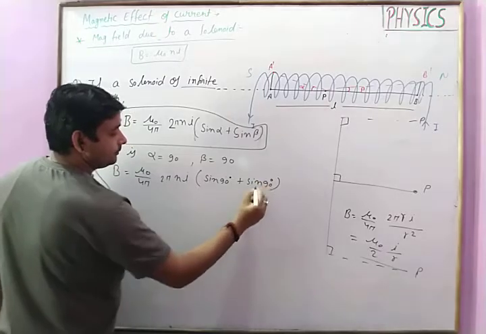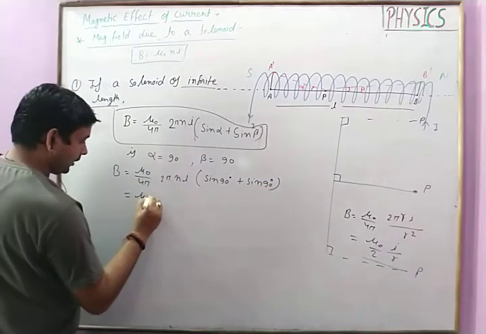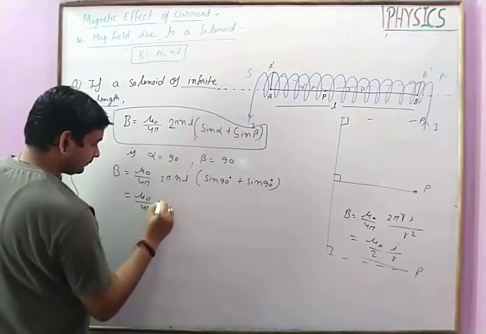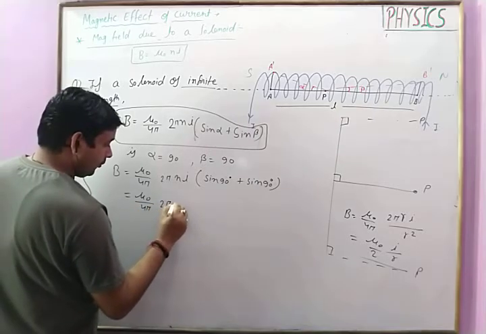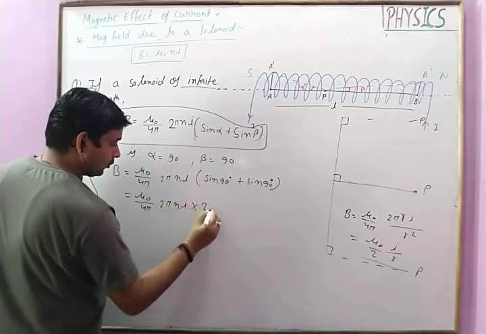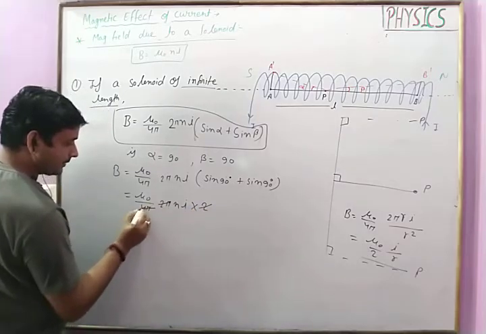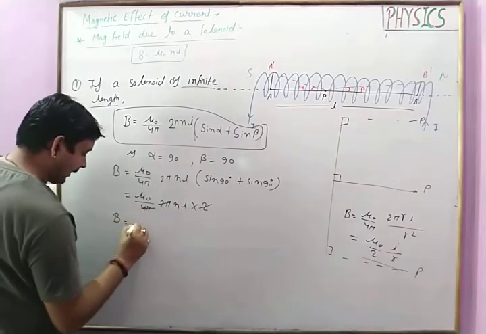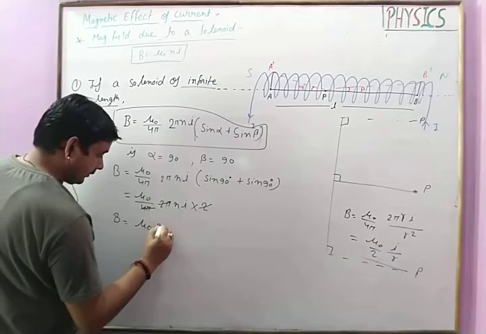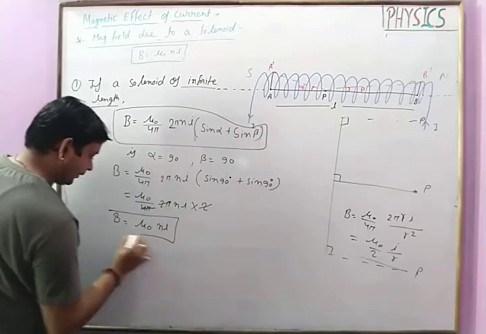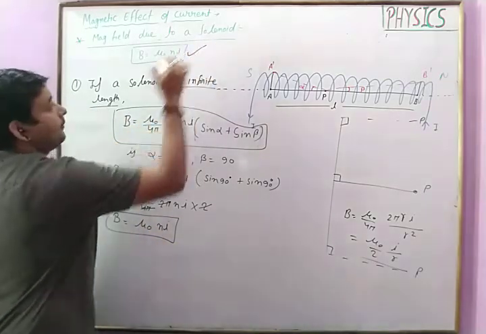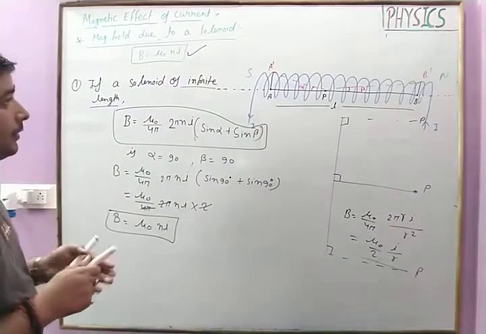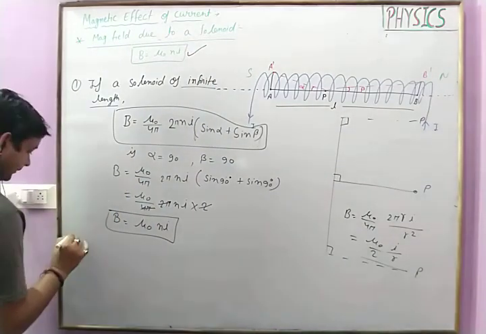This will become 2. So mu naught upon 4 pi 2 pi n i into 2. This 2 and 2 pi cancel and we get the result, that is mu naught n i, which we derived in the last lecture.